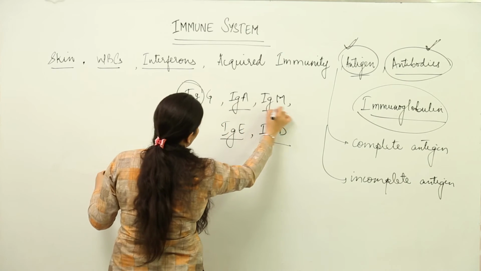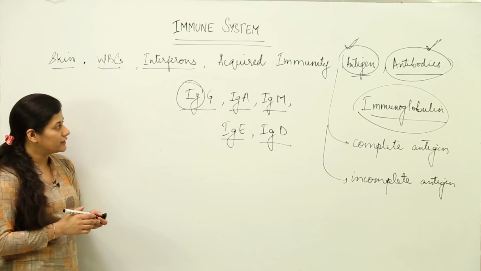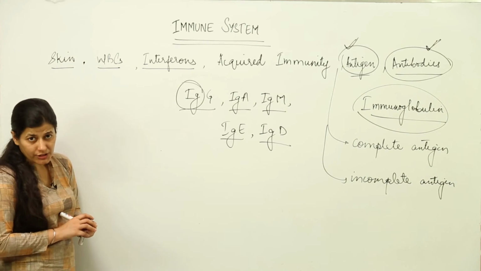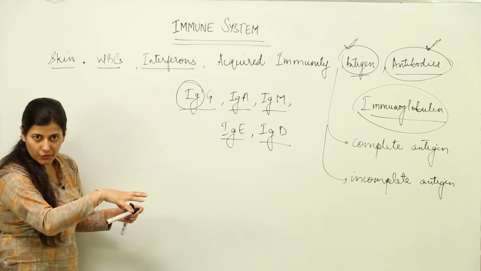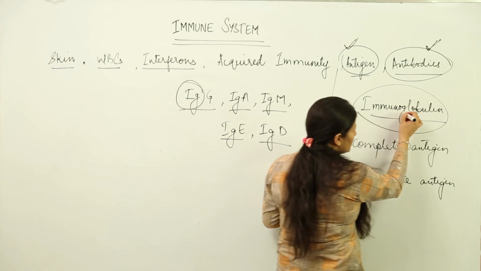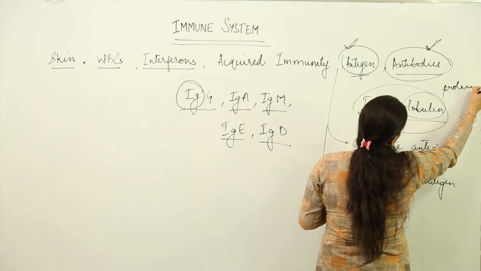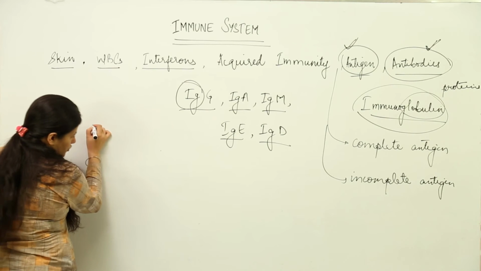These are the types of antibodies, and they have a wide range of action, and they target many types of antigens. They have a broad spectrum against the antigens. They are produced inside the body. As I told you, they are immunoglobulins, and in immunoglobulin, you must have seen the word globulin coming. That means they would be nothing but proteins. While we are talking about that they are proteins, we are going to see their structure as well.